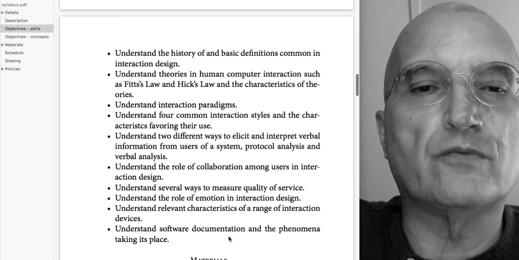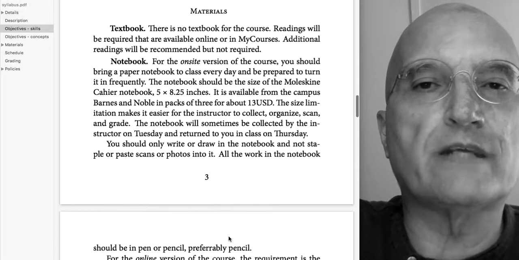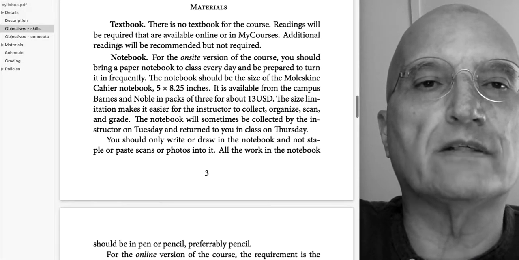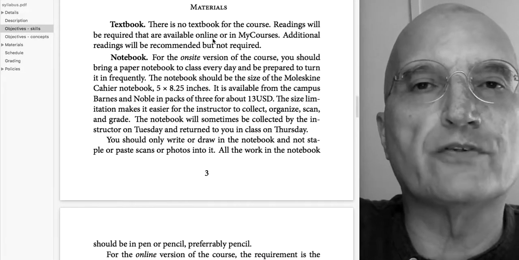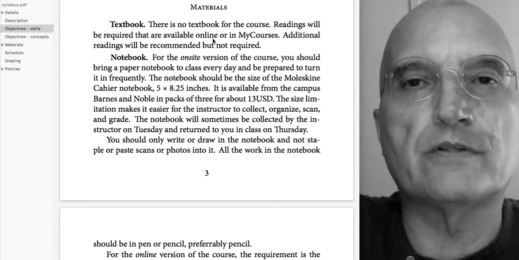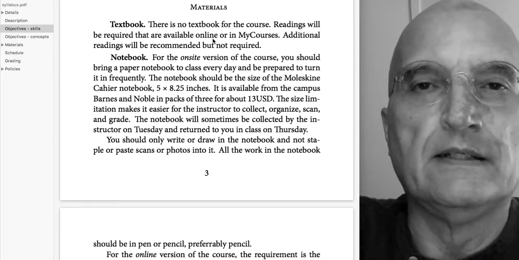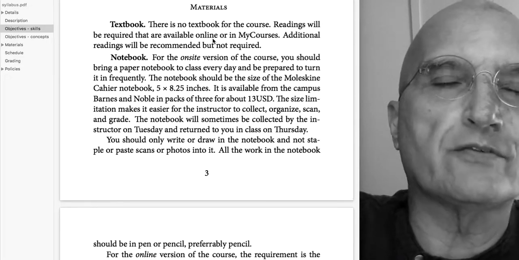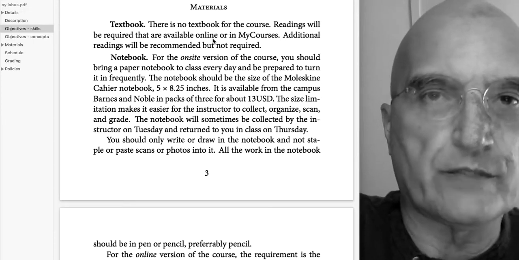The readings are, well, let's look at material, because there is no textbook for the course, but it says readings that are required are available online or in my courses. So there is a file called lecture-notes.pdf, which is titled Study Guide, and I refer to it both ways. I should probably unify on one of those names.